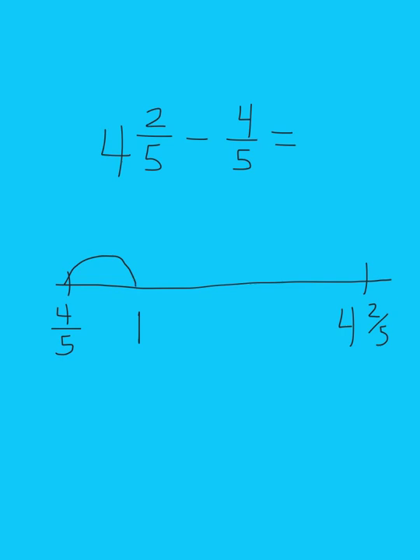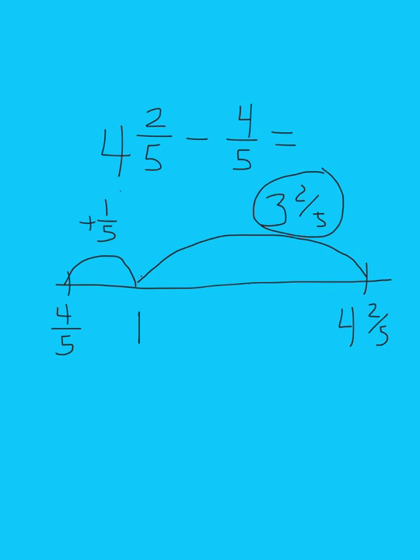In order to make one whole, we're going to add 1/5, because 4/5 plus 1/5 equals 5/5, which is a whole. And I'm going to go ahead and combine this step. So we're going to go straight from one whole to 4 2/5. So 1 plus 3 wholes gives us 4, and 2/5 is going to get us all the way to 4 2/5.